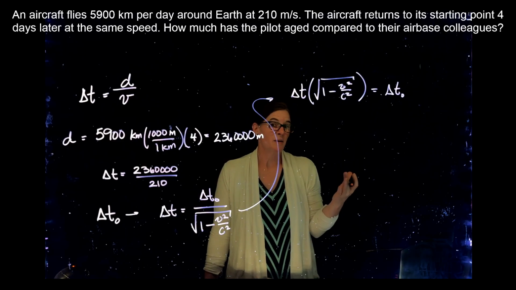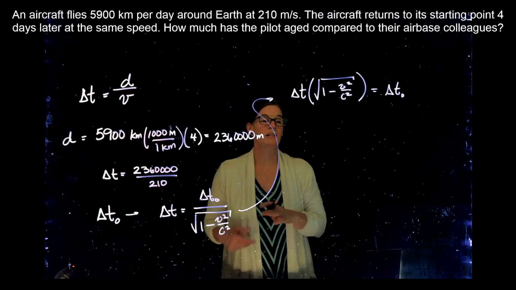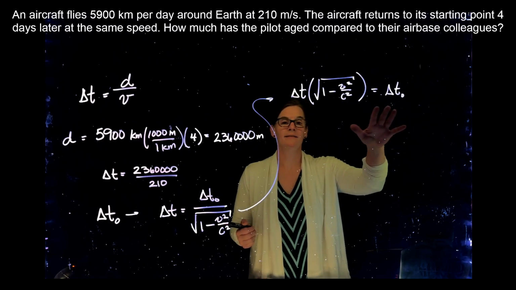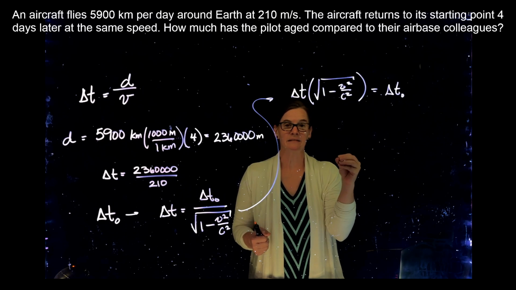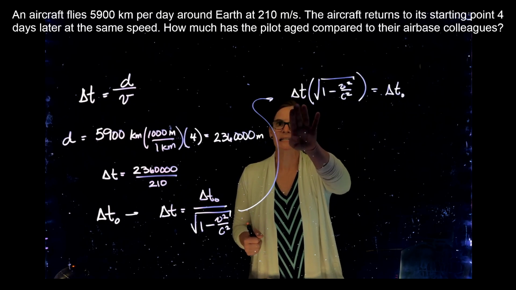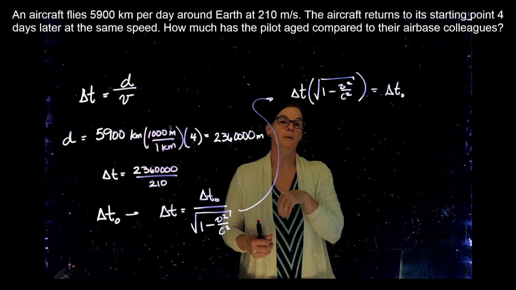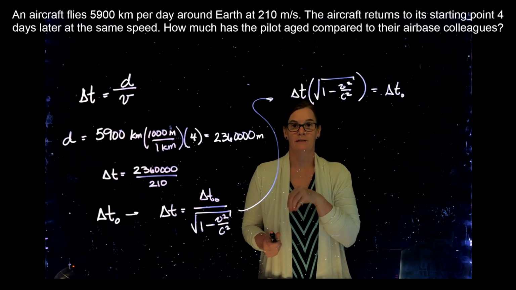We have all the information we need to solve for that proper time. That's the time of the person in the plane, and this delta T is the time that the person on Earth ages.